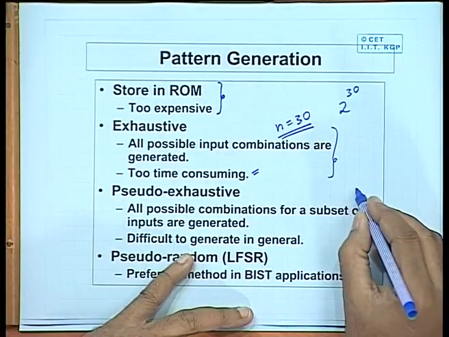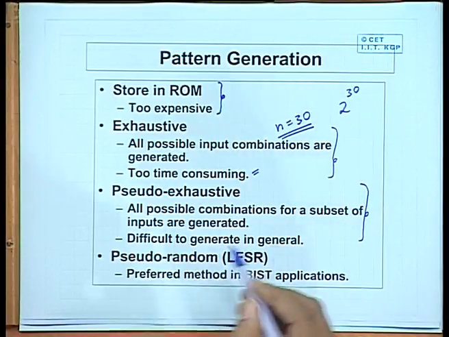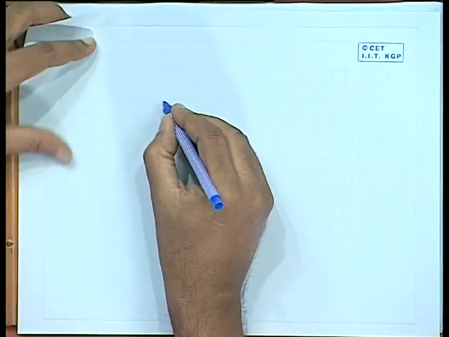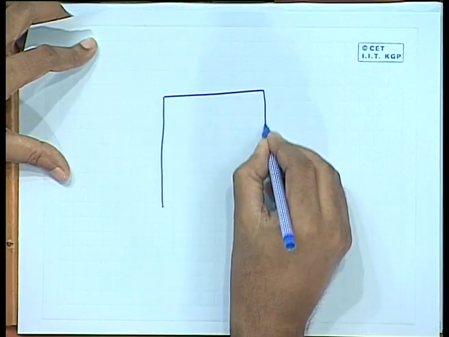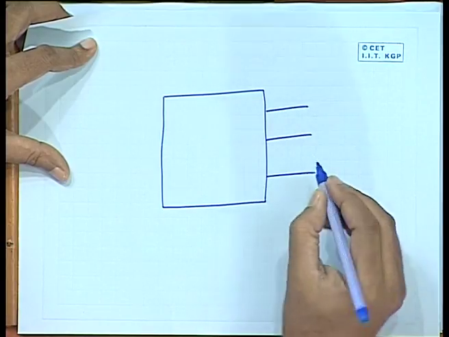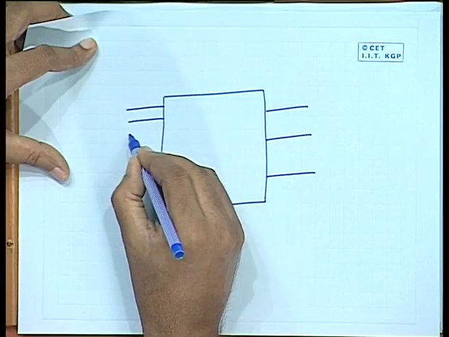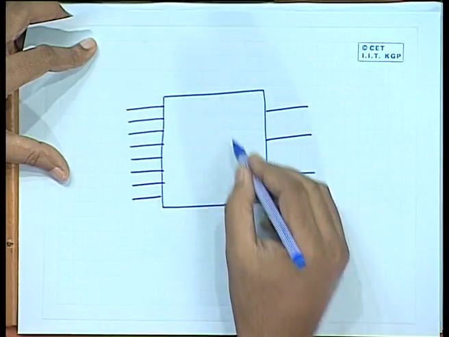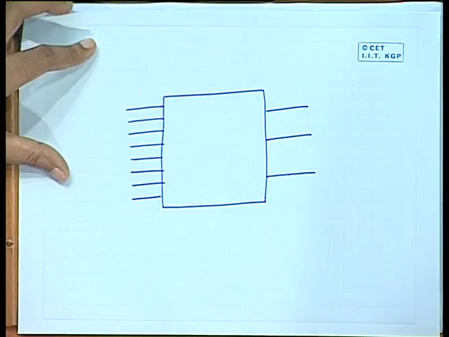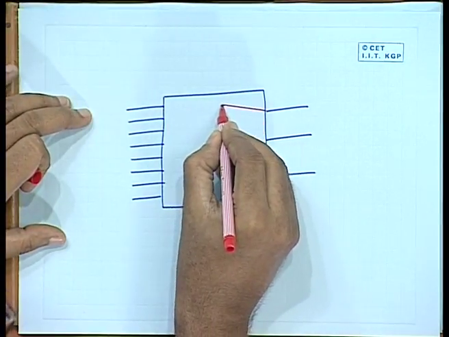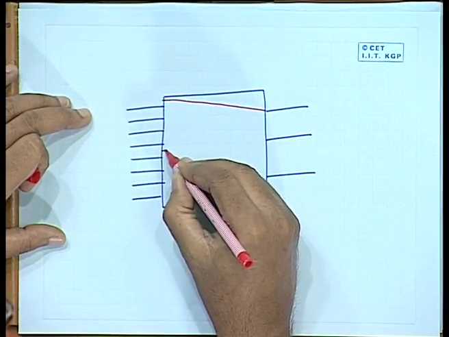Now, the third method, this also many people have proposed. This is something called pseudo exhaustive. Pseudo exhaustive is something like this. Say I have a circuit. Say my circuit has 3 outputs. There are several inputs. Okay? Now, by analyzing this circuit structure, we can find, say for example, this output number 1 is dependent on only these set of inputs.